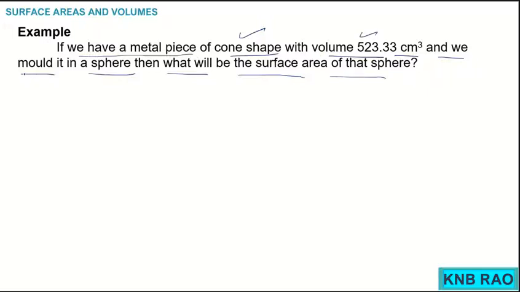What is the meaning of mold? It is one way of completely melting that metal piece of cone shape, and that melted liquid is cast into the shape of a sphere. Okay.